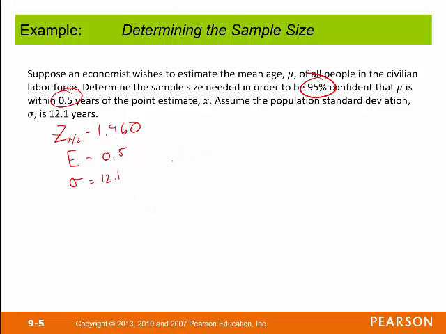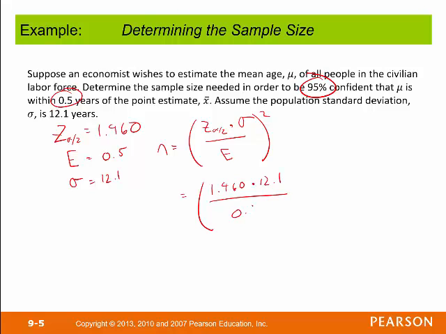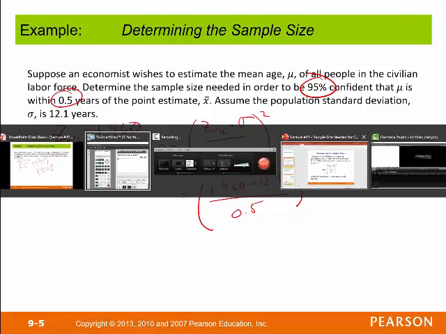Then you just need to follow that formula, right? n is equal to z of alpha divided by 2 times the standard deviation over the error, squared. So this is just 1.960 times 12.1 all over 0.5, squared. Let's grab our trusty calculator.